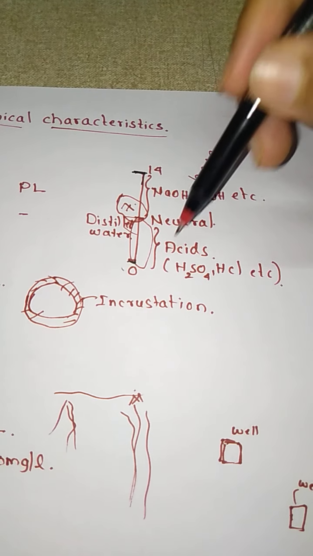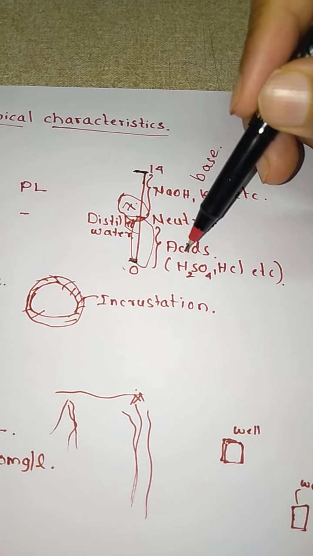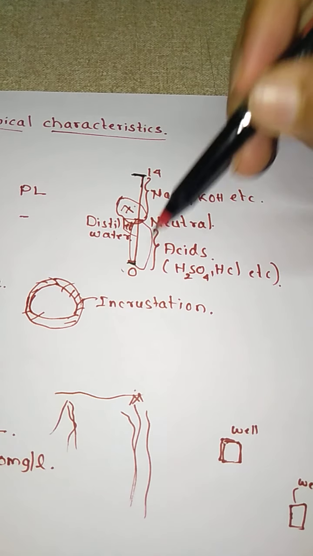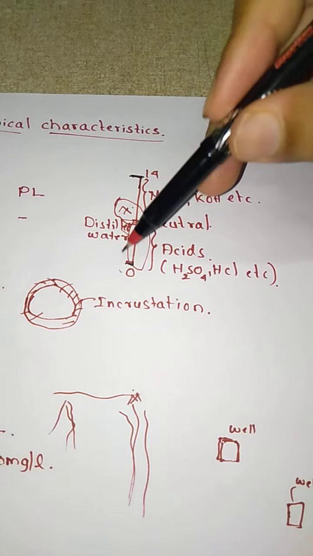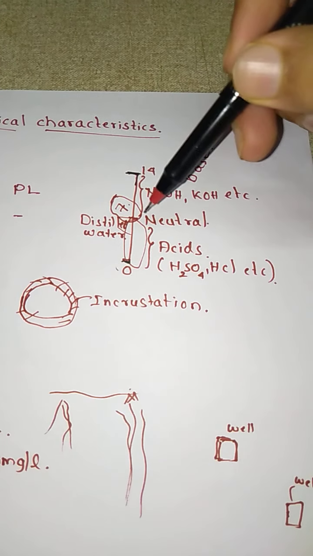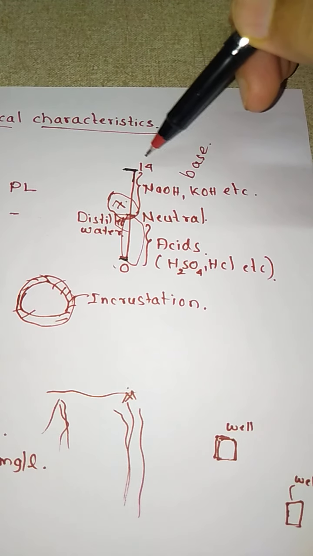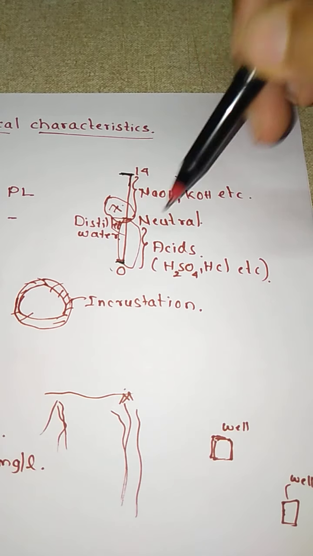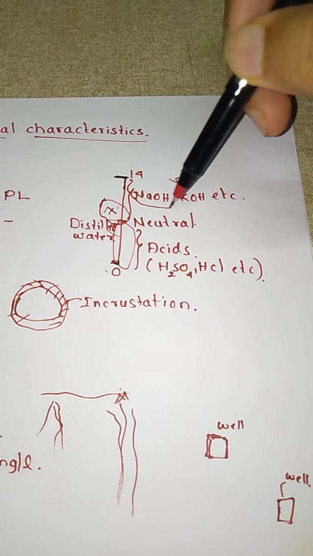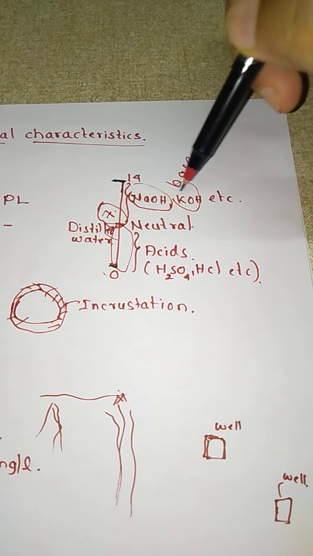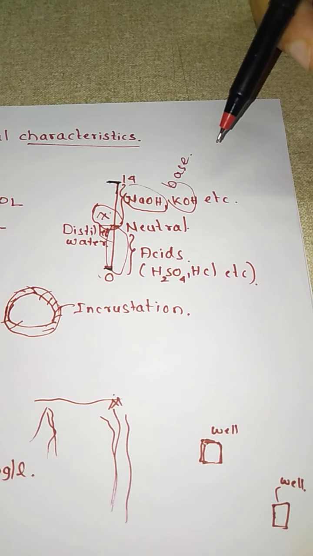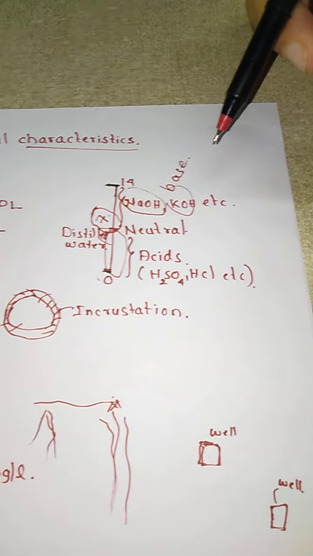Examples for acids are H2SO4, HCl, etc. From 0 to 7, we are going to have the acidic elements, and from 7 to 14, we are going to have the base range. In this range, we have NaOH, KOH, etc., as bases.